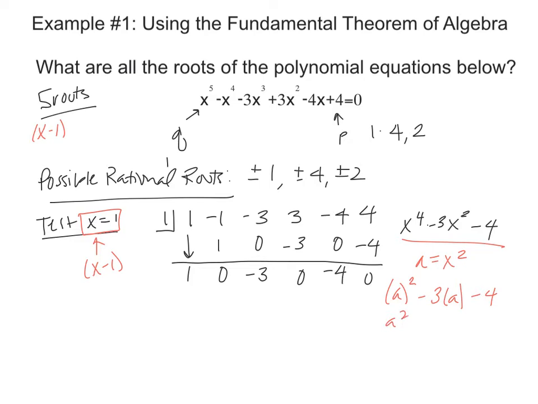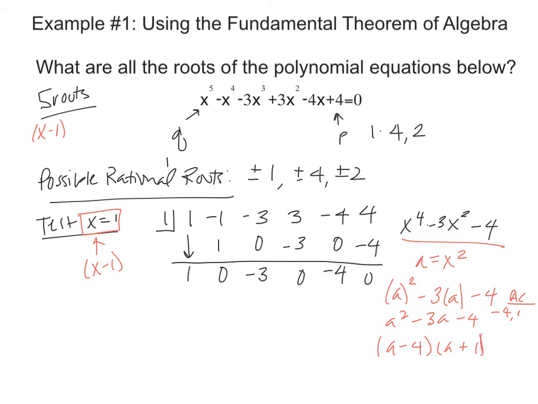Okay, if I continue with that process, AC is going to give me negative 4, and the factors of negative 4 that are going to work are negative 4 and positive 1. That would be AC. Okay, so that's going to end up looking like a minus 4 and a plus 1.